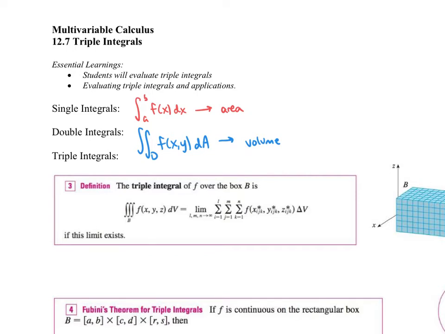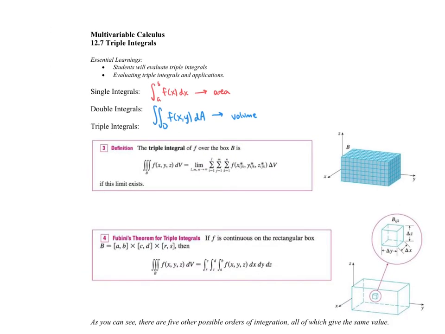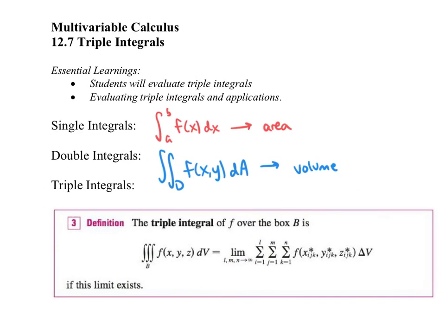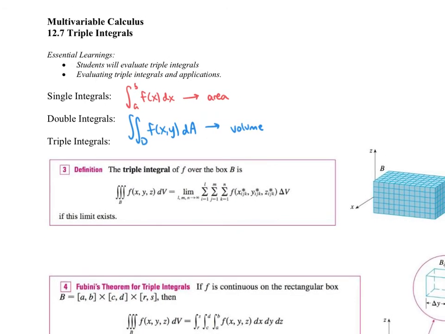They all have connections to each other to a certain extent, but triple integrals are just the next level. Let me back up. In a double integral, the region we integrate over is D. It's going to be some area on a plane. With a triple integral, we integrate over space.